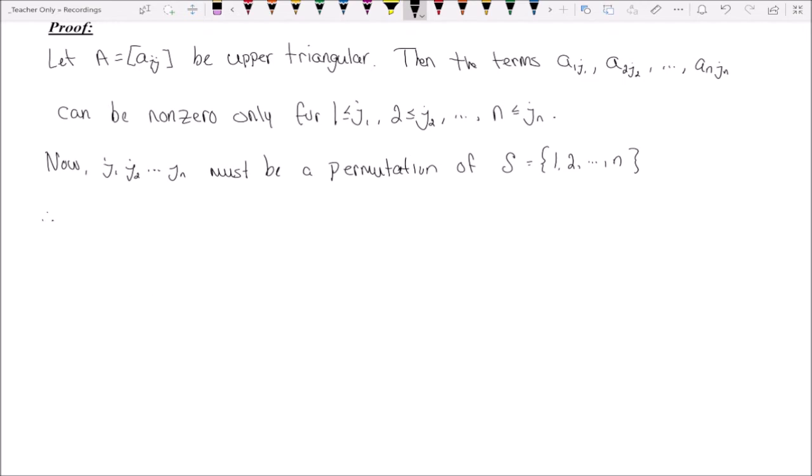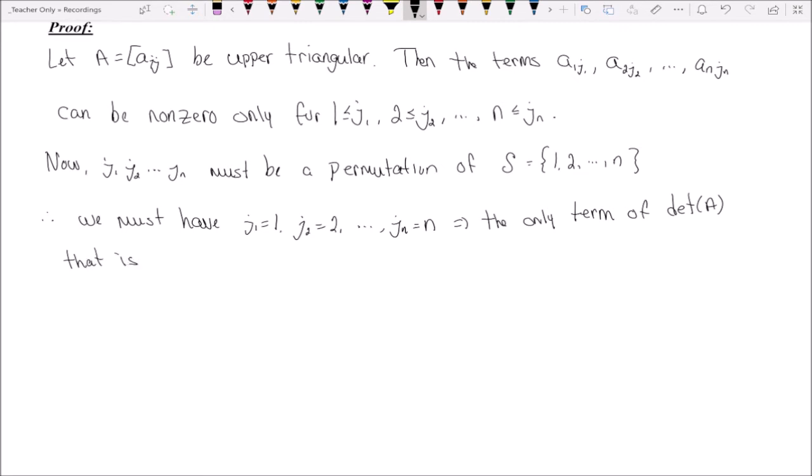So what we find is we must have J1 equal to 1, J2 equal to 2, so on and so forth, Jn equal to n to have a non-zero term. Right? This implies the only term of the determinant of A that is non-zero is A11, A22, so on and so forth, ANN.